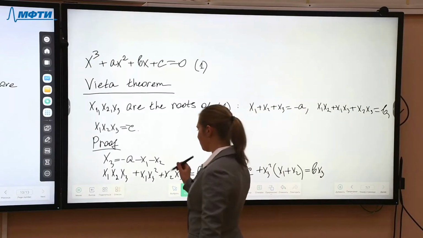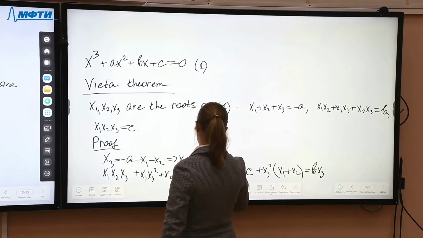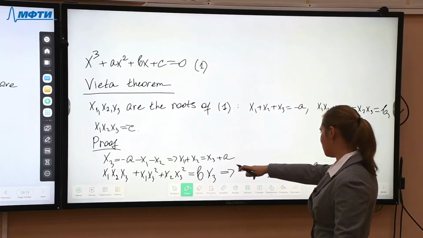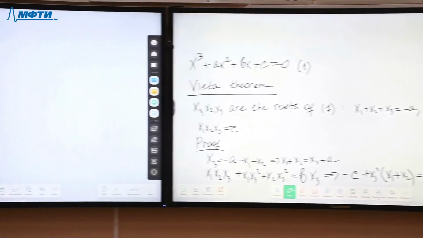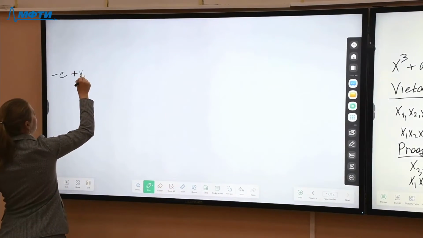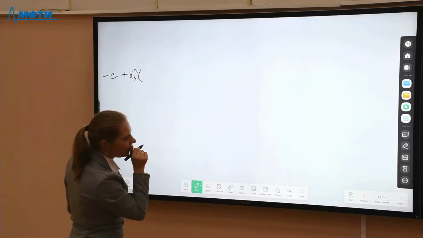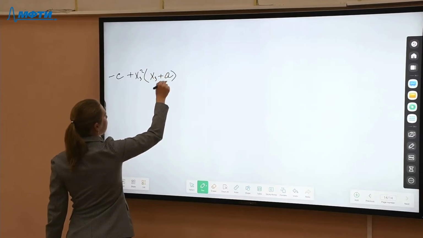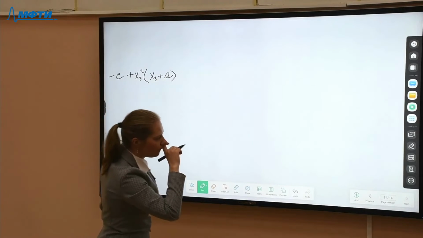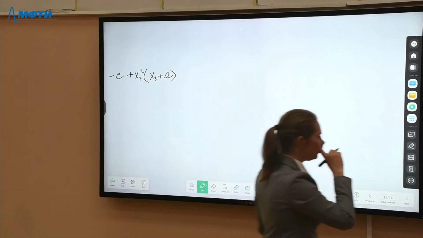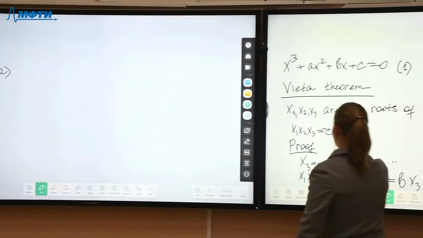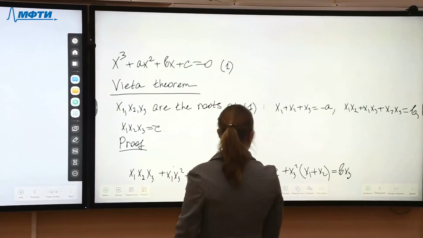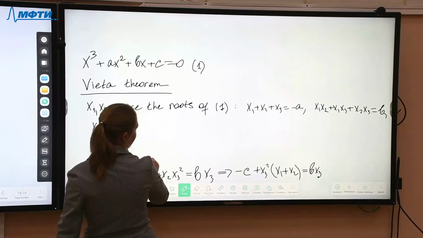From here we can find x1 plus x2. One second, please. x1 plus x2 is minus a minus x3.